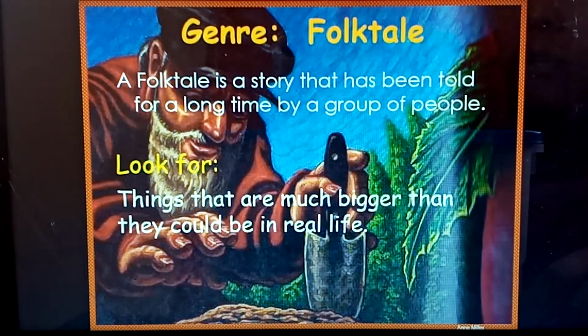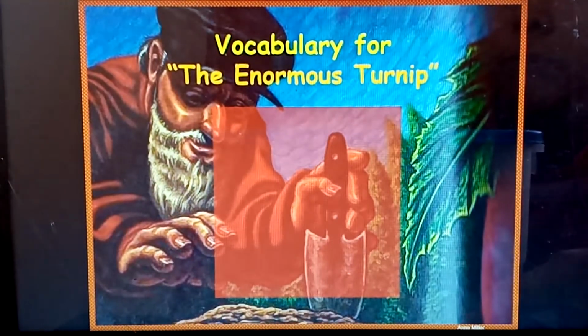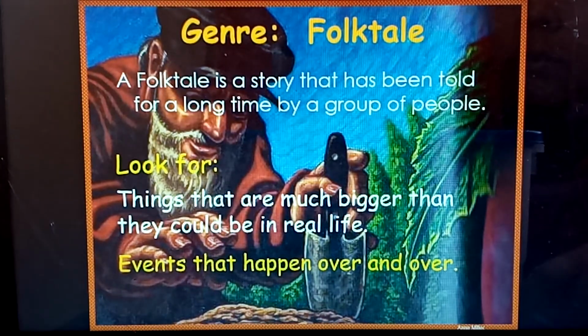In these stories, you have to look for things that are very big, much bigger than they could be in real life. In real life, a turnip couldn't be that big, or not normally. And also, we look for events that happen over and over in this particular story.